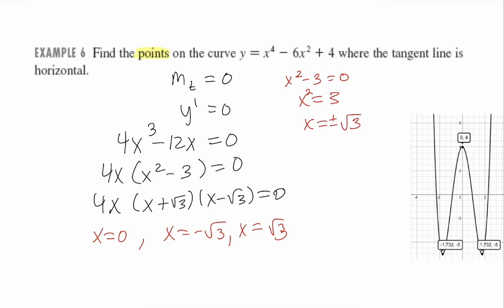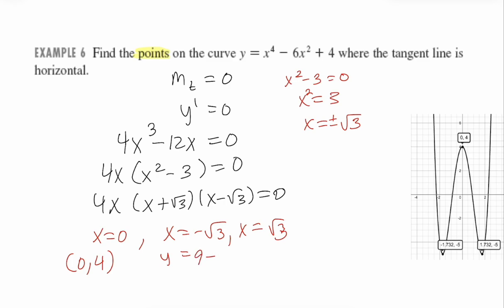Okay. So if we plug in 0 up here, we get 4. So that is the point (0, 4). That's an easy one. The other ones, when we take negative square root of 3 to the fourth, when you first square it, you get 3, and then square it again, get 9.